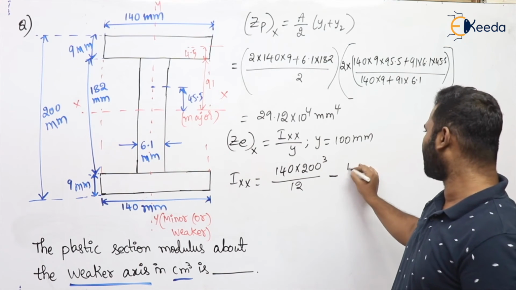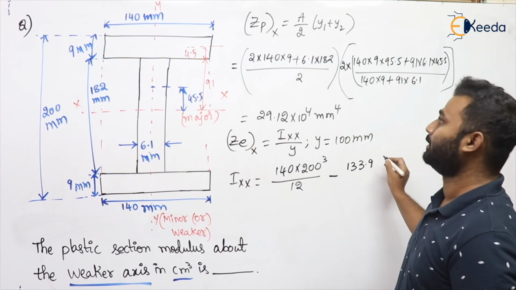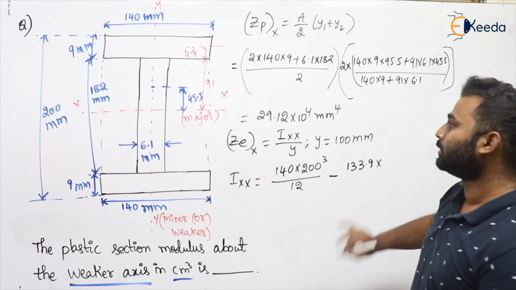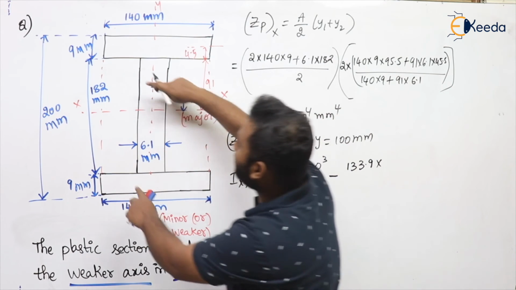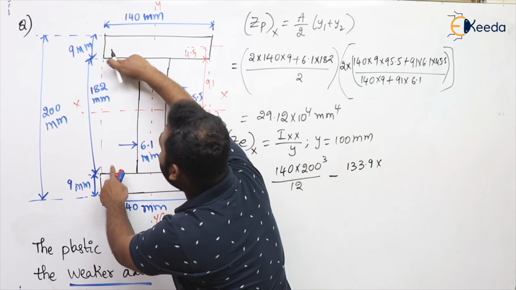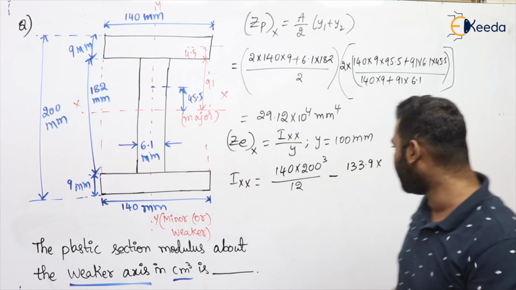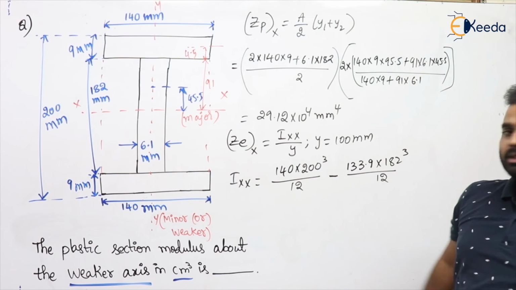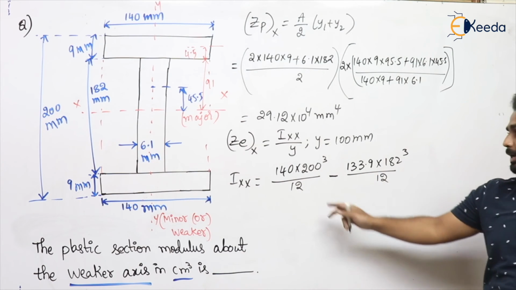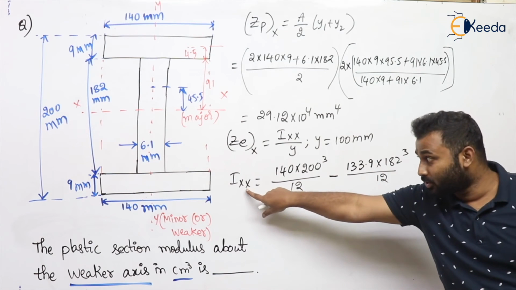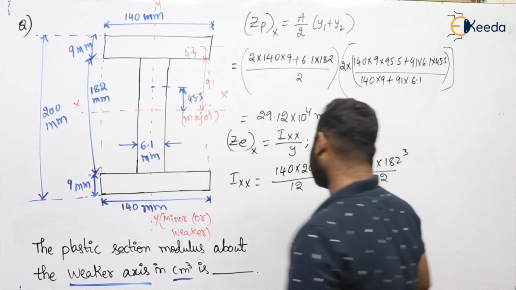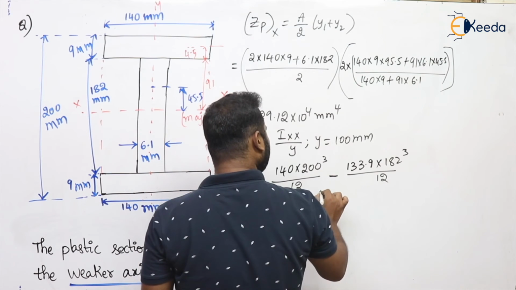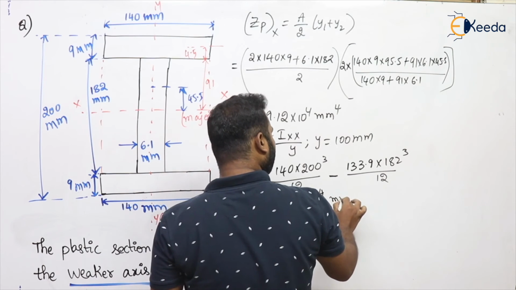That is 133.9 into, now what is this depth? Depth of the empty or hollow portion, that is 182. So 182 whole cube by 12. That's it. Upon subtracting these two, we'll get the moment of inertia about the XX axis. So that is 26.06 into 10 raised to 4 mm power 4.